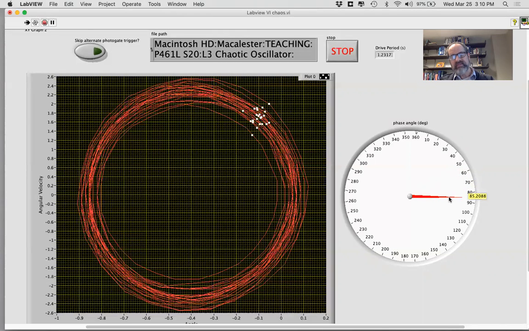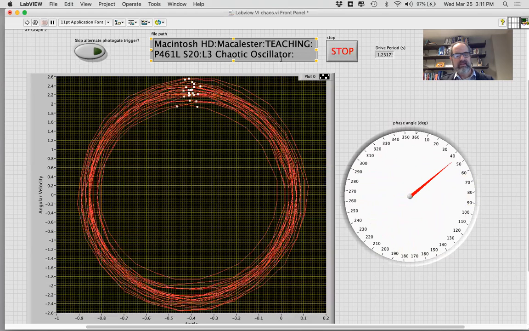What's interesting is that this little group of points stays together as we go around the cycle. That is, the motion is periodic and it's predictable, and it doesn't matter too much what the exact initial conditions are, which point we start at in a particular cycle, because this group of points stays together.